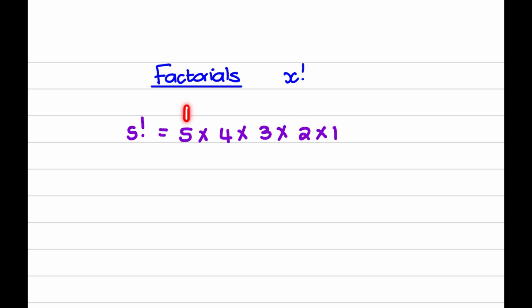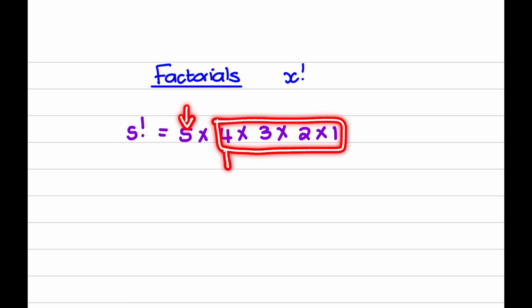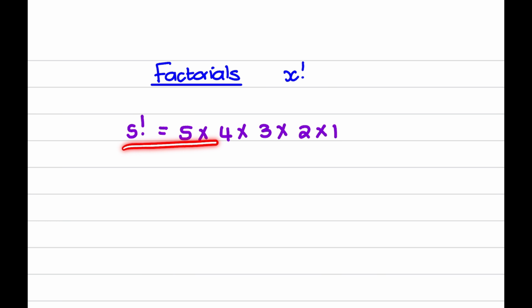So every time I select a pencil, the amount of pencils left on the table becomes less and less, or less by 1 each and every time. And that's called factorial.